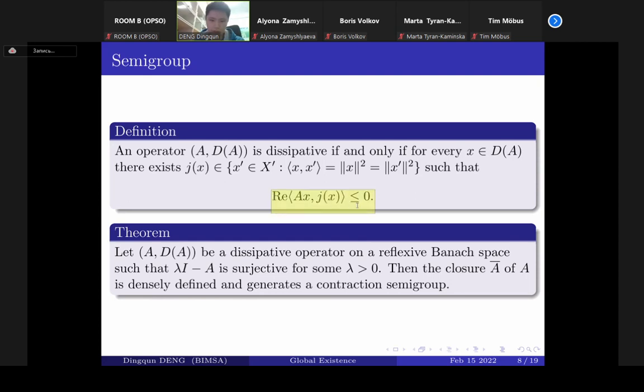For a dissipative operator on a reflexive Banach space, such that lambda I minus A is surjective for some lambda, the closure of A is densely defined and generates a contraction semigroup. Next, we will use this theorem to generate a contraction semigroup for the Boltzmann operator.